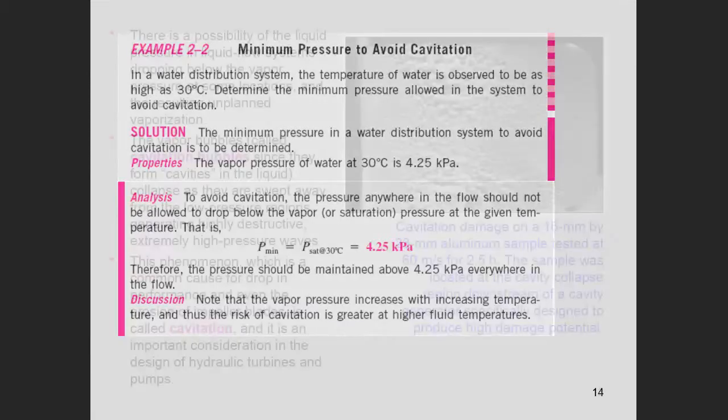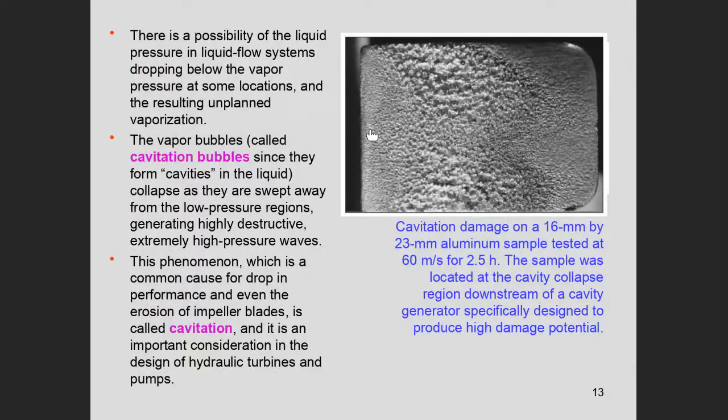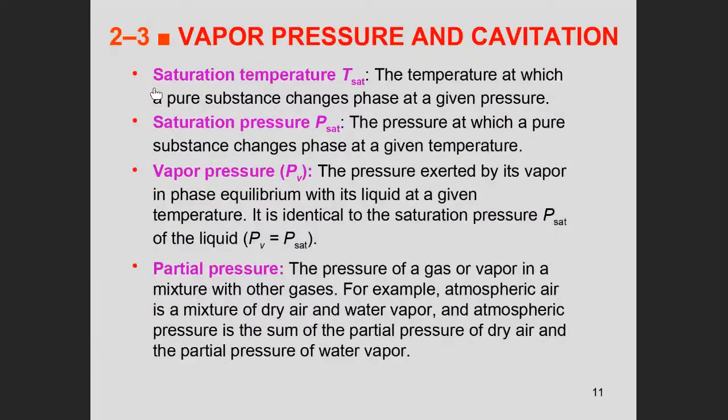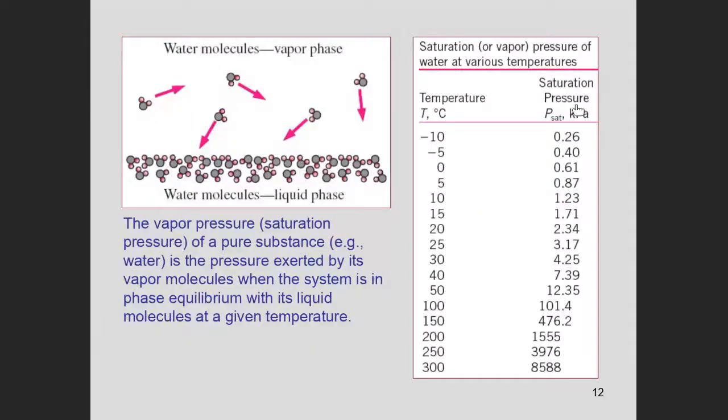And we have just been talking about the fact that the moment the pressure goes below the what, guys? The saturation pressure, cavitation takes place. And we know for each temperature, there is what, guys? There is a saturation pressure.